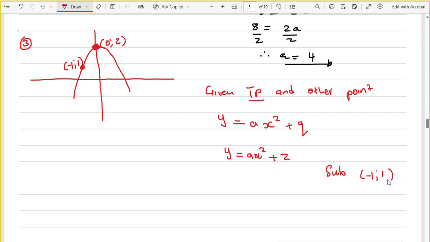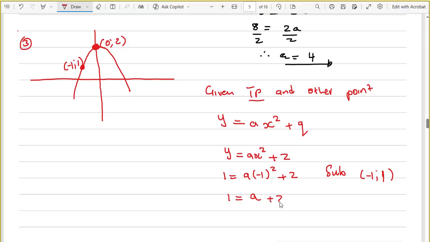Okay, I'm listening. So it's now going to equal to 1 equals a brackets -1 to the power of 2 plus 2. Nice. So this is the same as 1 equals a, because -1 squared is just 1.